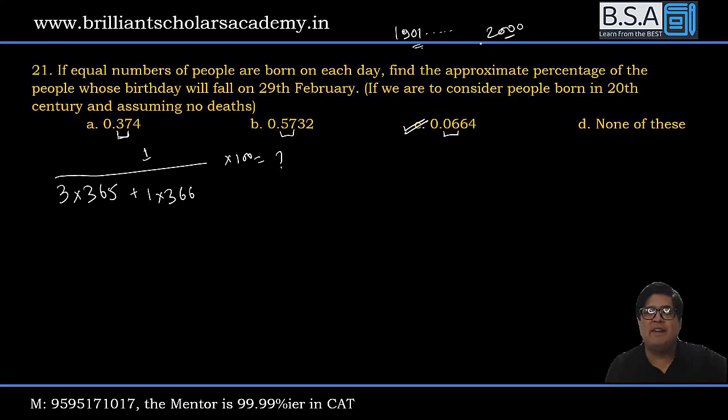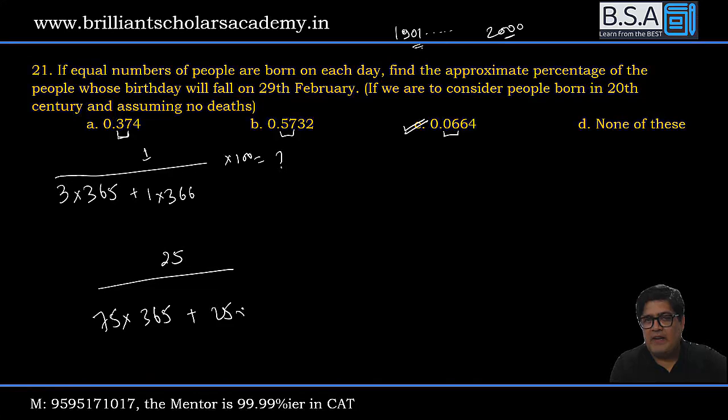There are 25 leap years in this. So your answer, listen, don't write this, it'll scare you. 25 people should have been born on leap years. There are 75 years which are not leap, and there are 25 years which are leap.